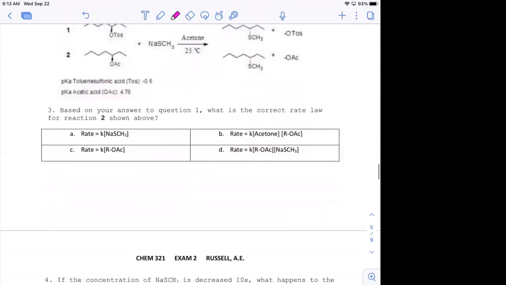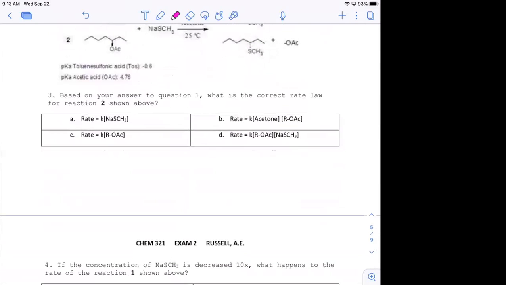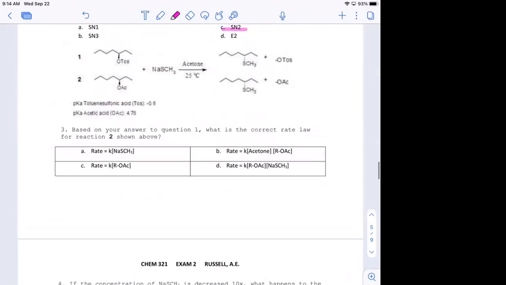What does that mean in terms of the rate? It would be K times the substrate times the nucleophile. Yes, that's exactly it. So we could look at the answers here and see that this answer matches that.